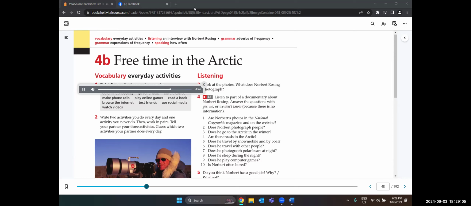He doesn't often work during the day, so he has a lot of free time. He never sleeps at night, so he sleeps for part of the day. Then he reads a book, plays computer games, or goes for a walk. He's not often bored.